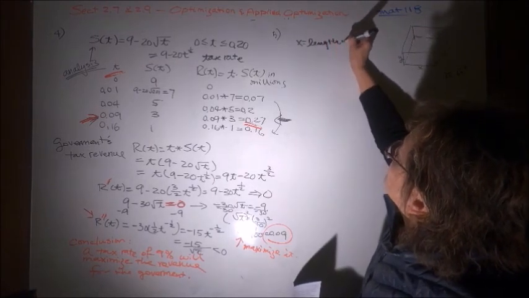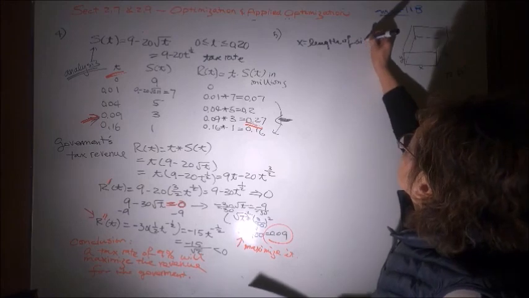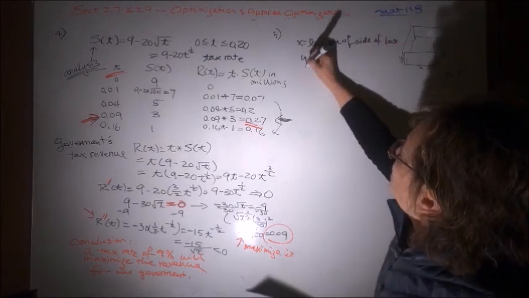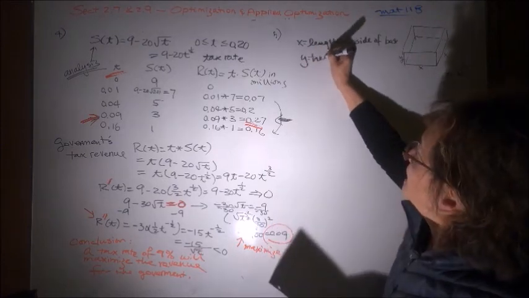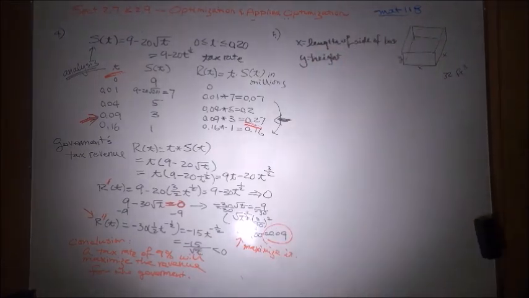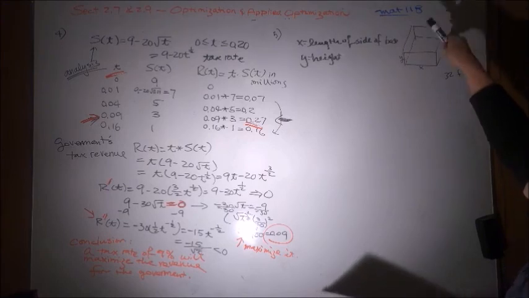The length of the square, right? Side of base. It's a square thing. Then y would be what? The height you would design. So how big it can contain, how big the size.